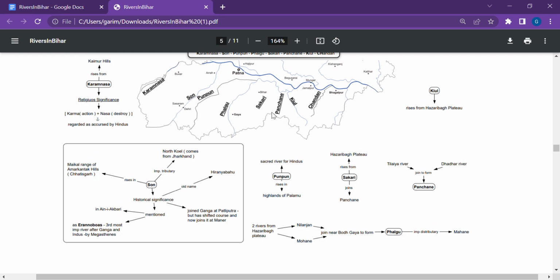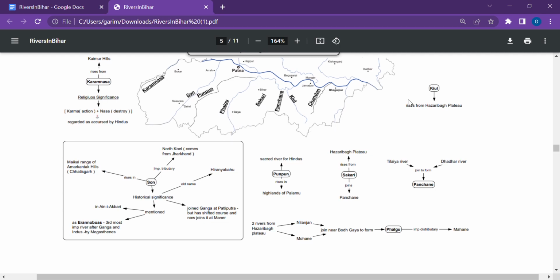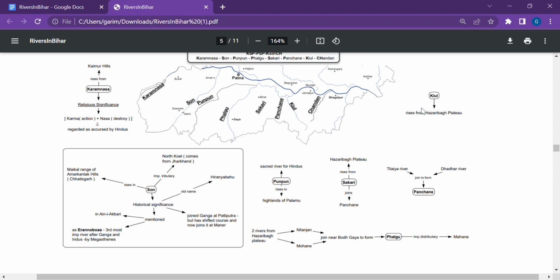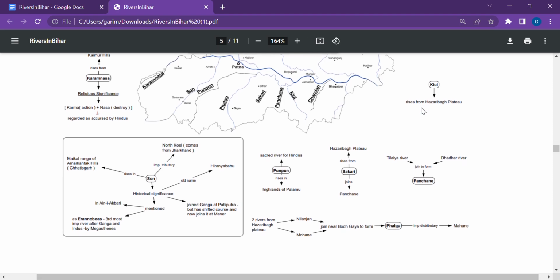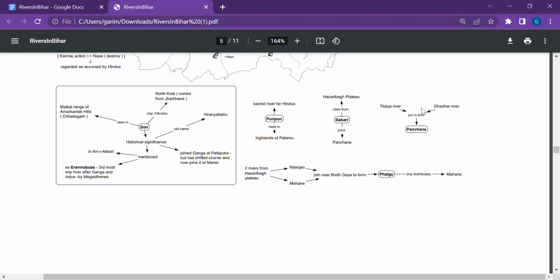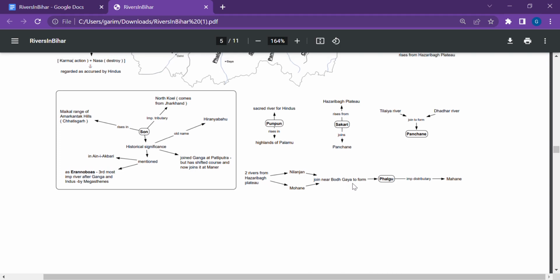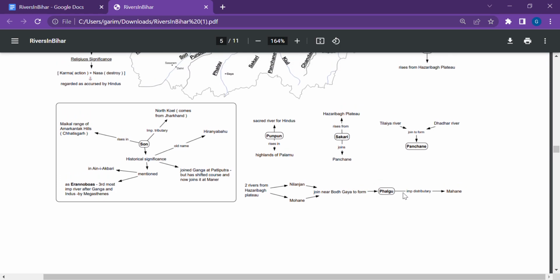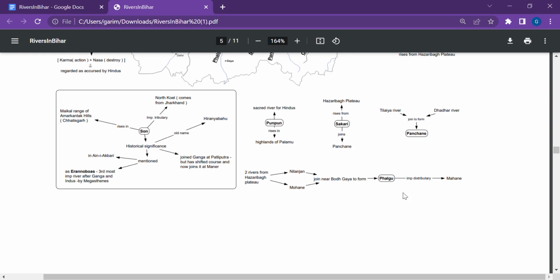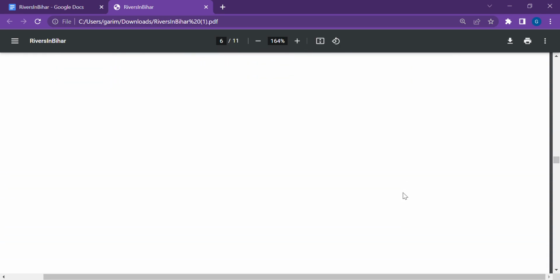Falgu will be done next. Kyul rises from Hazaribagh, and more than that, we are not interested to know. Two rivers from Hazaribagh, Nilanjan and Mohane, join near Bodhgaya to form the Falgu river. Its important distributary is Mohane, I should say. That's all for now.